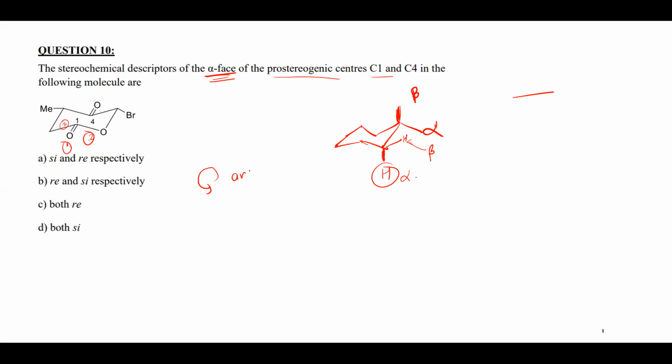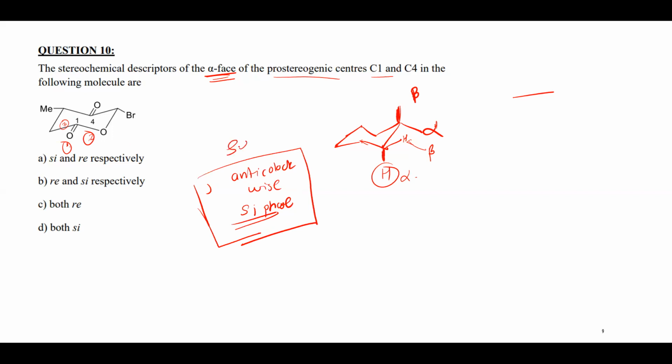So anti-clockwise means Si face. But when you look from the beta face, since we are looking from the upper side, 1, 2, 3, this will be the Si, right? Si from beta face.